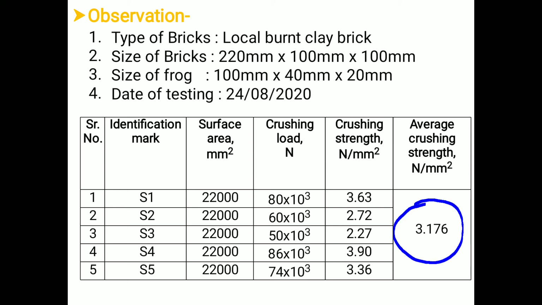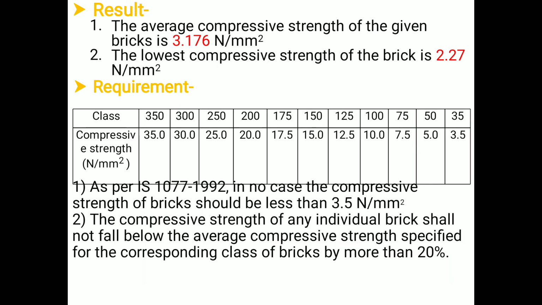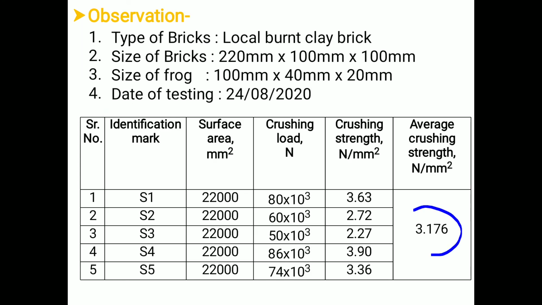So this is the observation table. Now the results: the average compressive strength of the given brick is 3.176 Newton per mm square. This is the average compressive strength which we have determined.